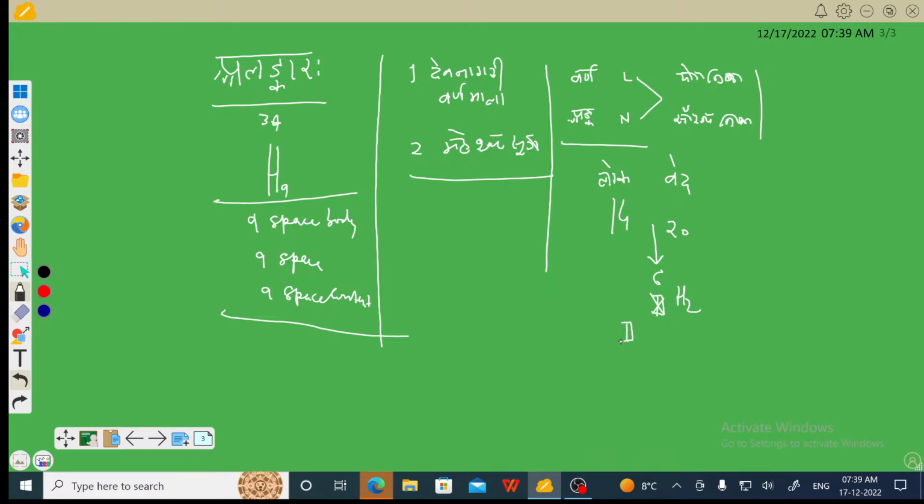When we will be approaching it as a domain, single domain, and when we will be approaching it as Lok and Ved, both together as 34, as H9, it will be taking us to Alankar.